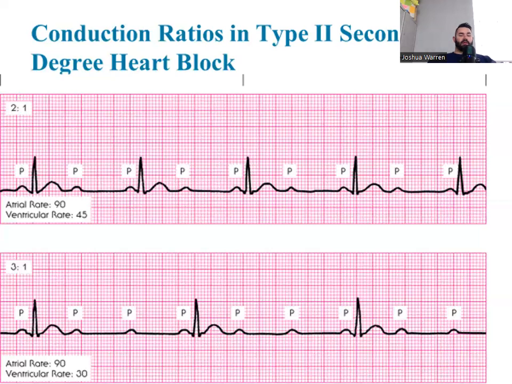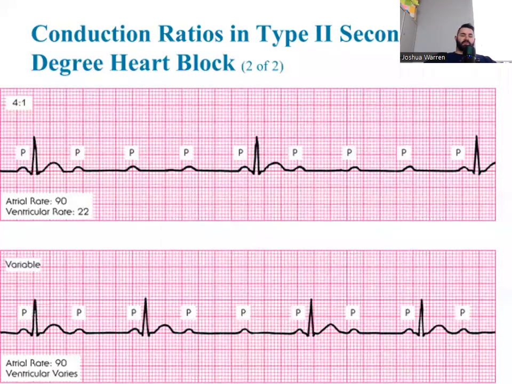So we're looking at, again, another second degree type 2 block. There's a 2-to-1, 3-to-1, a 4-to-1. Look at that, all them P's running around with no parent. So the ratio can change. It can move around. Look, there's a variable ratio at the bottom. There's a 4-to-1 ratio in this one right here.